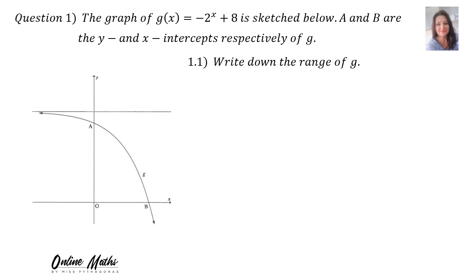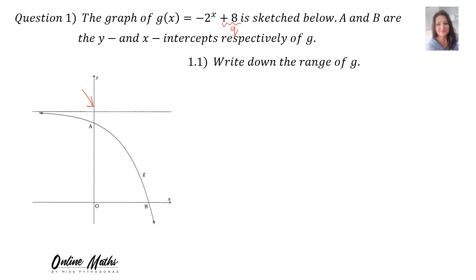Now can you remember I said we always read the range from the y-axis and we read from the bottom upwards up to the horizontal asymptote. So now when you go to the sketch, they did not give us the value of the horizontal asymptote, but it is hidden there inside the equation.